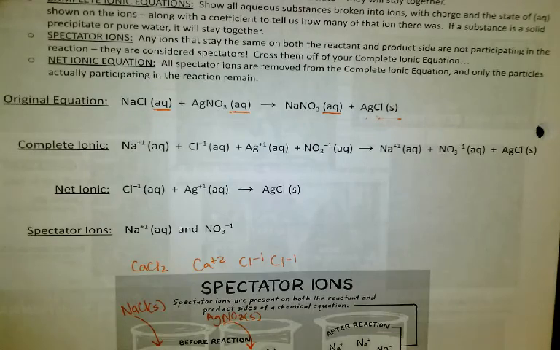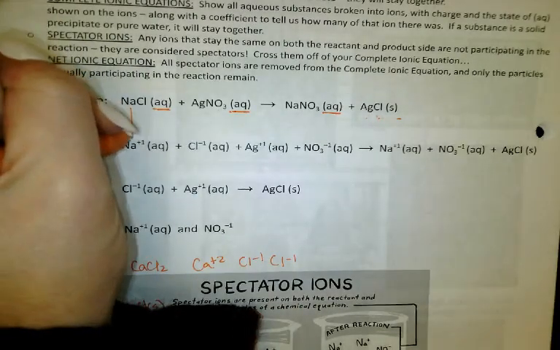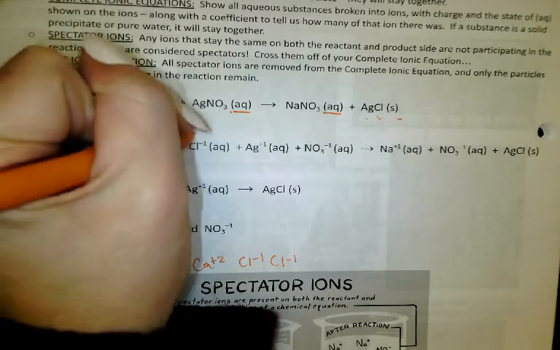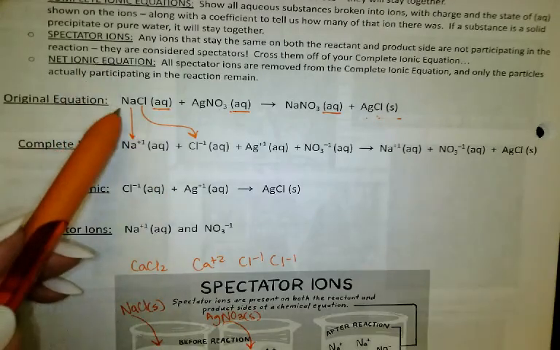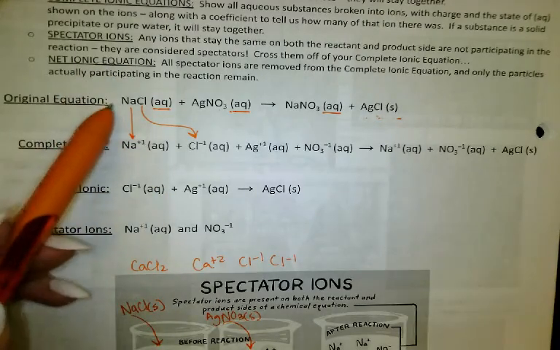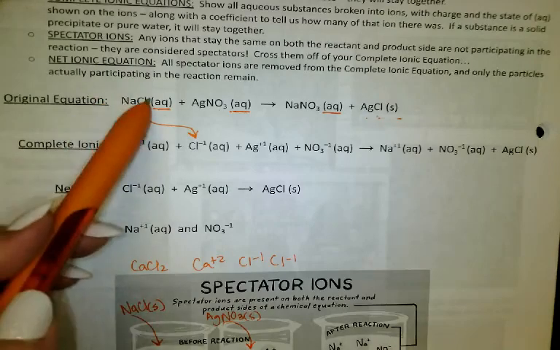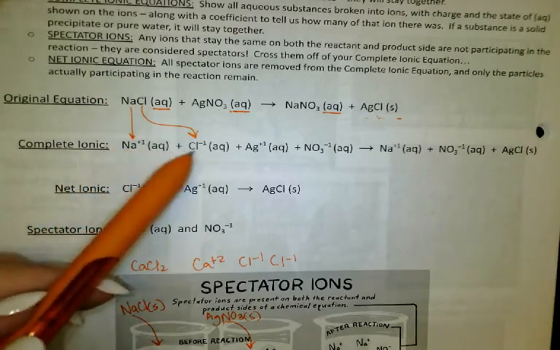So sodium chloride, I'm going to separate it out into sodium and chlorine, okay? Now notice it's a 1-to-1 ratio. There's not a coefficient in front of here. If there was, say a 2 there, that 2 would distribute to both. It'd be 2 sodiums and 2 chlorines, okay?